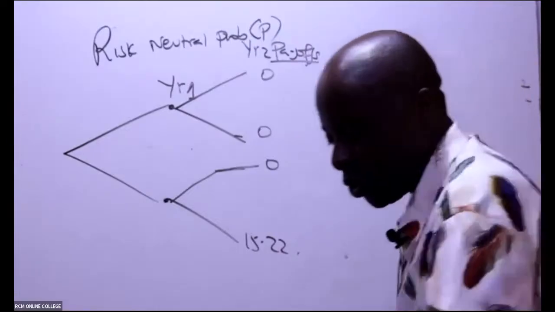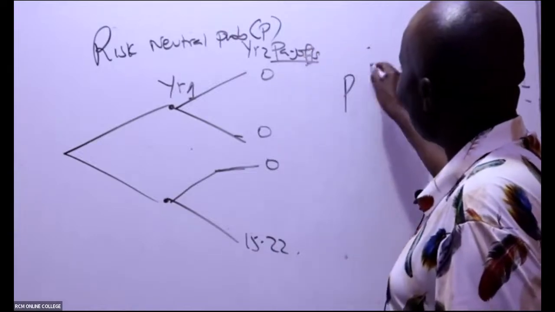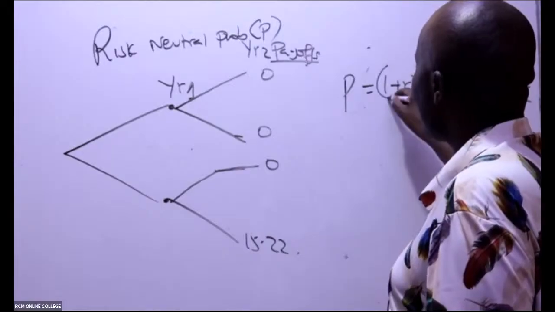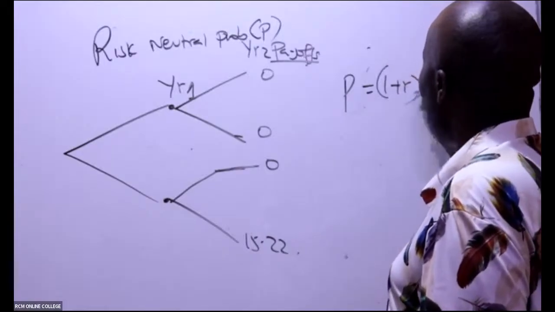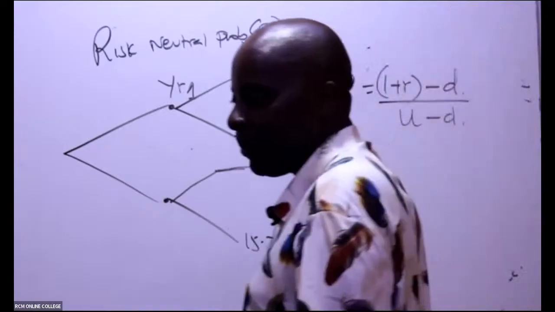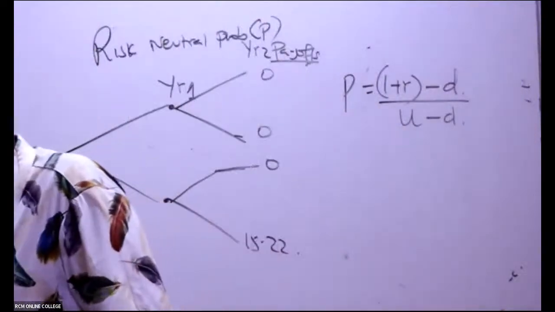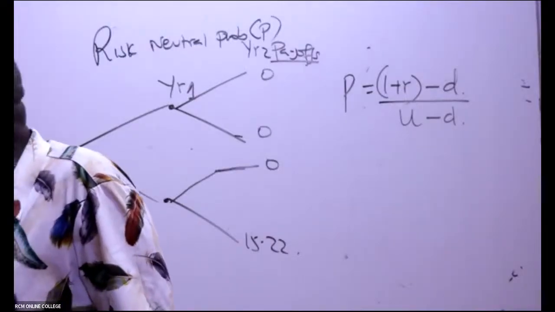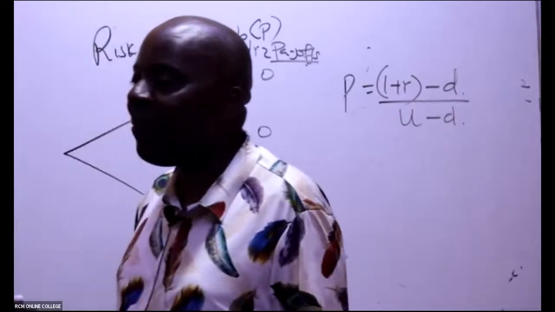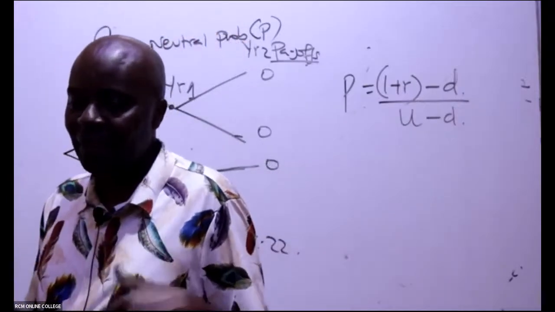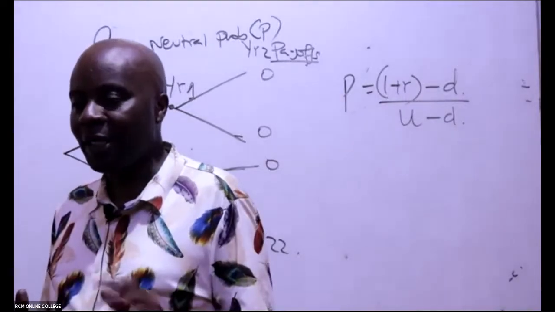What you need to do is take 1 plus R, subtract D, all over U minus D. Is there somebody who is able to remember the U and the D? If you can work without the trees, the better as well. But I think schematic presentation of a work simplifies things.